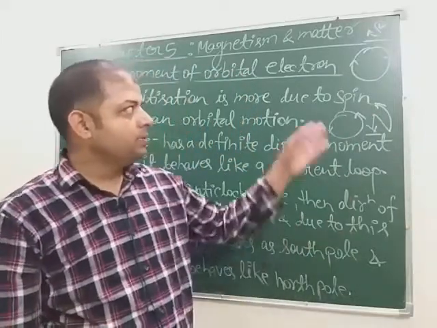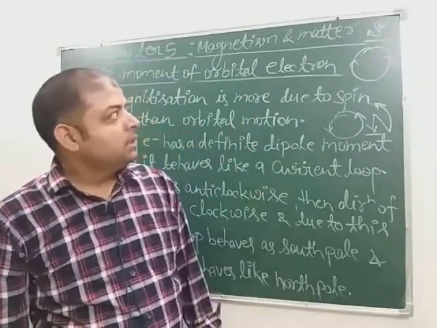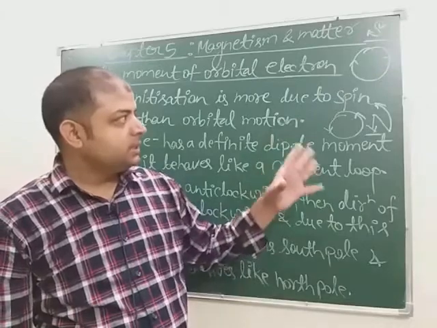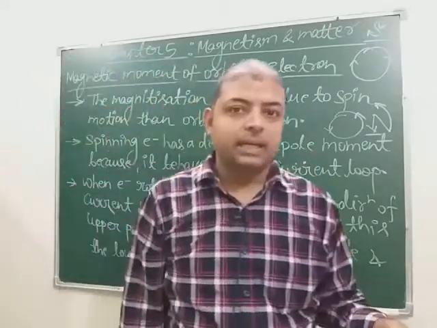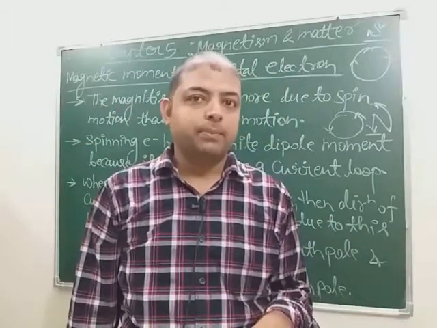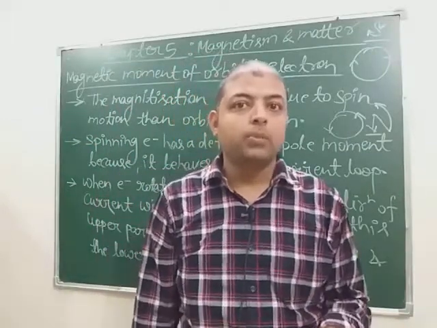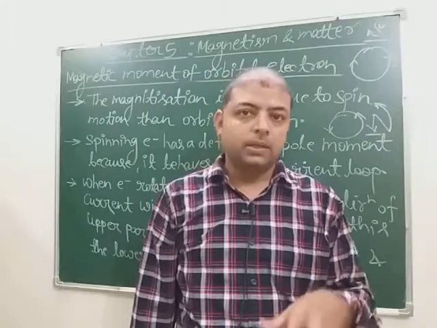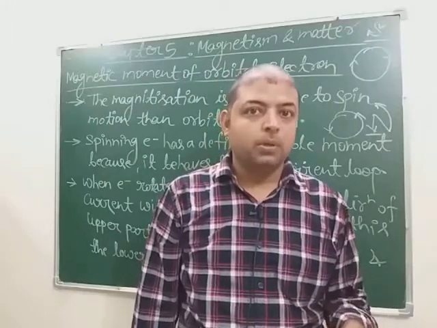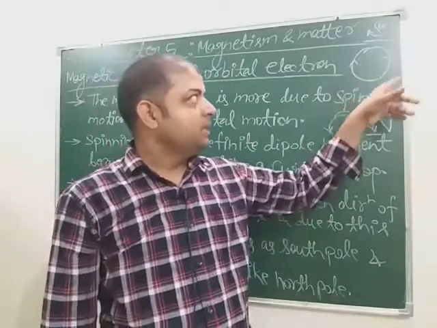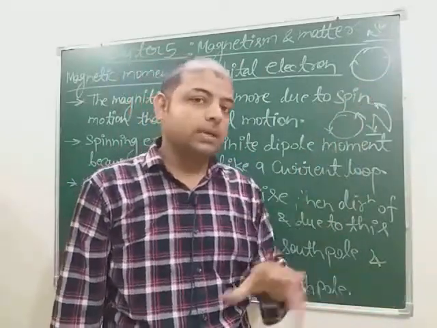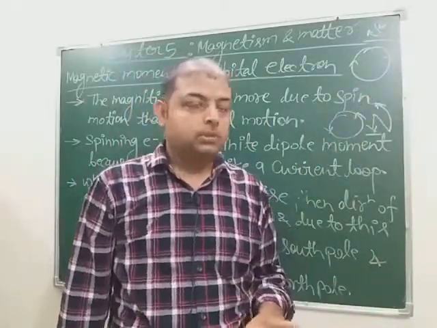Okay, in the chapter moving charge and magnetism, we have already studied how we decide that if current is flowing in a current carrying wire, it will behave like a dipole, because a magnet cannot be a monopole; it cannot exist as a single pole, it is always a dipole. So if a current is flowing in a thin wire loop, it has two poles.